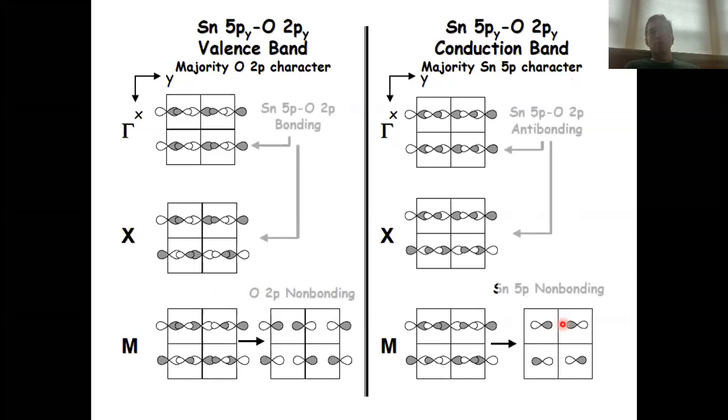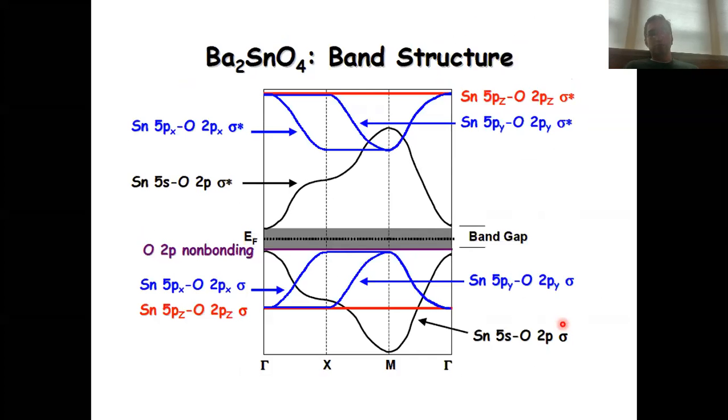Okay, so what does that mean for our band? Well, let us first look at the crystal orbitals that have primarily oxygen character. So these are the ones that have lower energies. So now initially we start out with the bonding crystal orbital here. Okay.